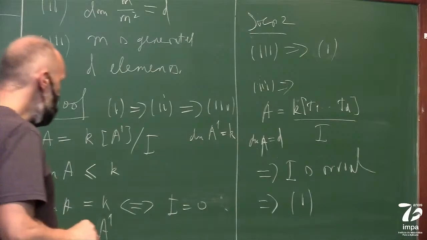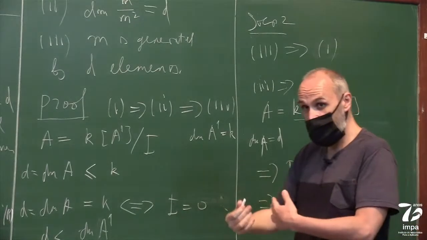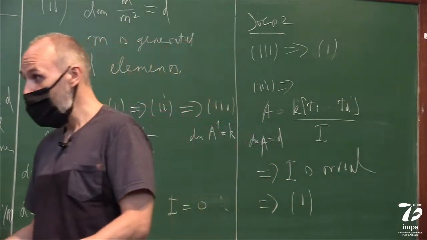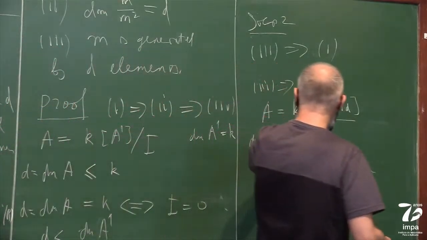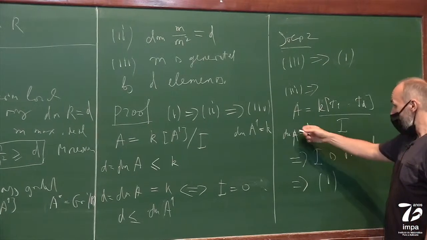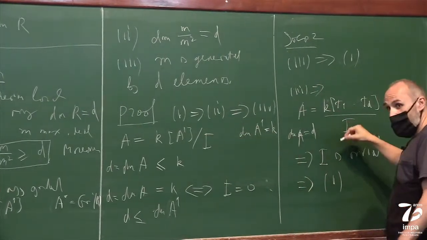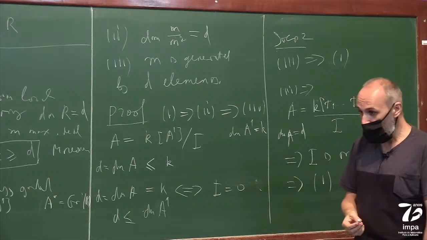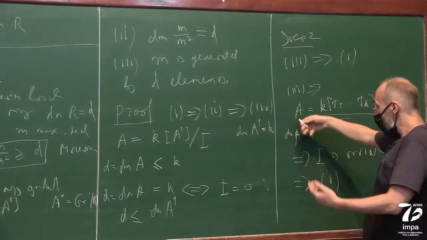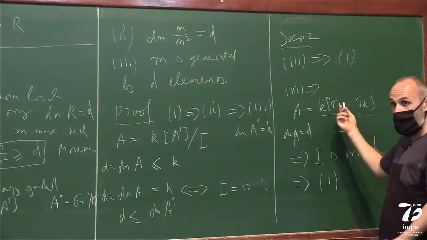Well, it's sort of easy. Look, your maximal ideal is generated by D elements. Then they generate the maximal ideal modulo m squared. And this means that they generate A1. And then the ring A, which is generated by A1, is a polynomial ring up to some ideal I, and you have at most D generators, because D is the number of elements generating the maximal ideal. So it's a quotient of the polynomial ring by I. Now, what is its dimension?